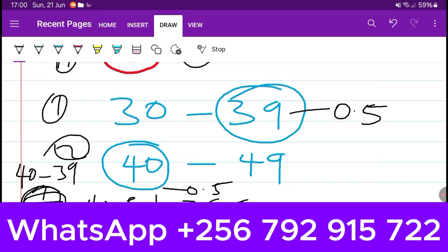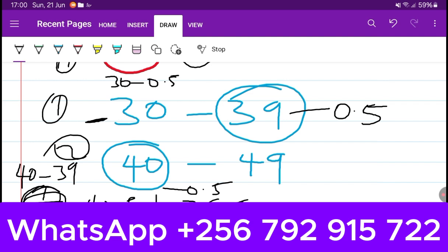So now the question is, remember, we started from 30 here. But there are numbers below 30. Meaning on this one, we shall just take off. It will be 30 minus 0.5. So when we take off the 0.5, it means we have removed the other gap of 1 that we had there.